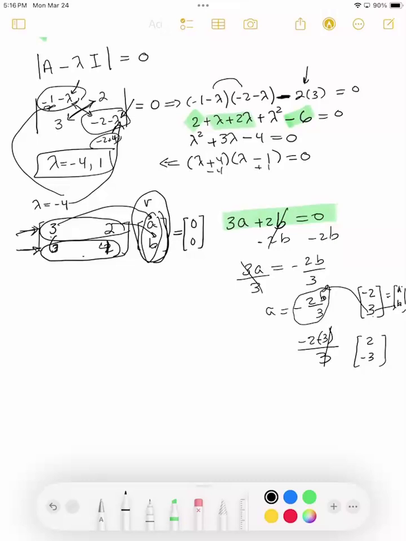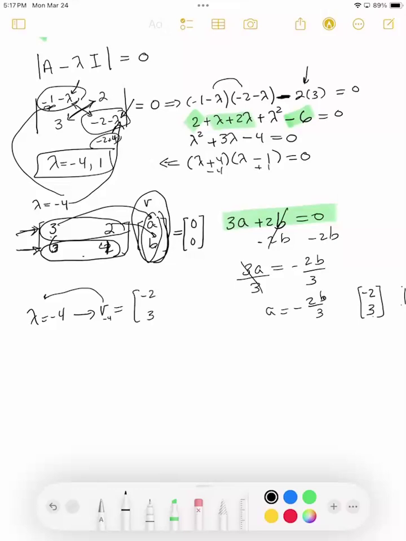Maybe another student picks -1 for B. If I put -1 for B, -1 times -2, I get +2/3. I don't like fractions, so I won't pick that number. So anyways, that is my vector. So when lambda is -4, you get a corresponding vector for it, let's call it V of -4. V for that lambda is equal to -2 and 3.